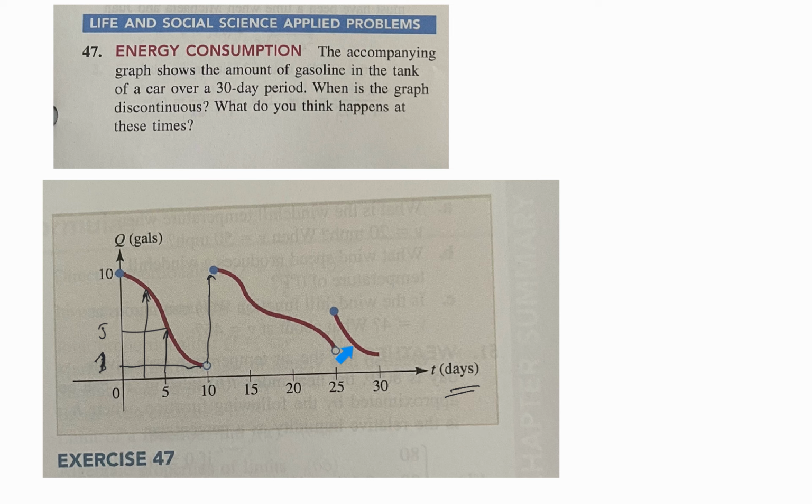Is the function continuous in the day 25? No. Can the discontinuity be removed? No, because you have to assign a value that has to fit the limit when t approaches 25 from the right and t approaches 25 from the left. And you cannot find this value that will glue the two parts of the function.